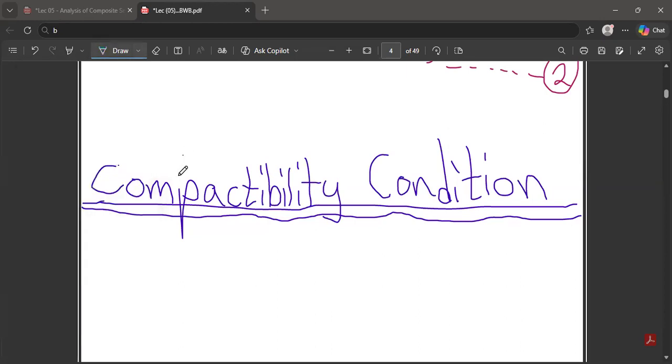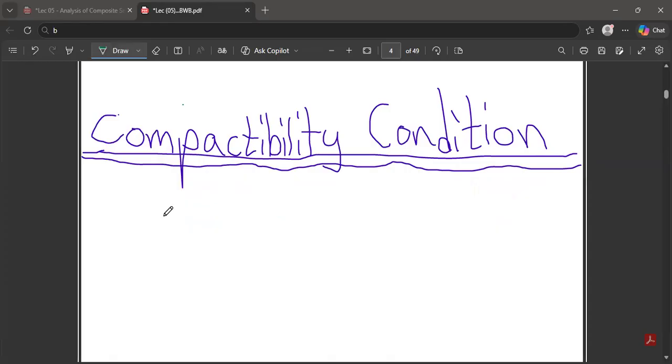We learned that for the compatibility condition, the change in length of material 1 will be equal to the change in length of material 2. So in this case, the change in length in the steel rod will be equal to what? The change in length in the hot copper tube.